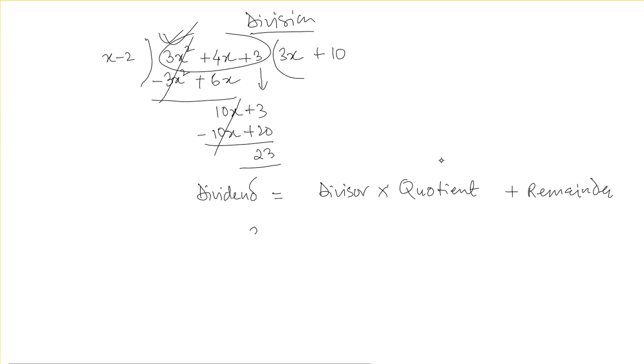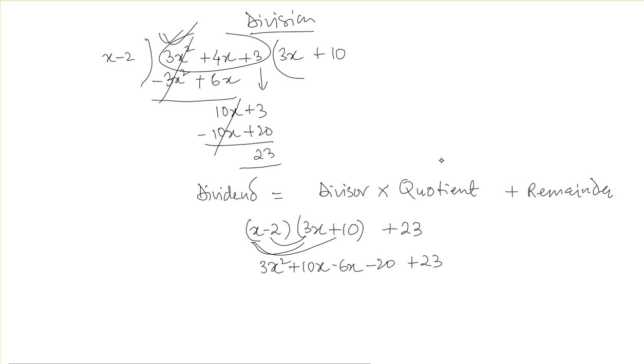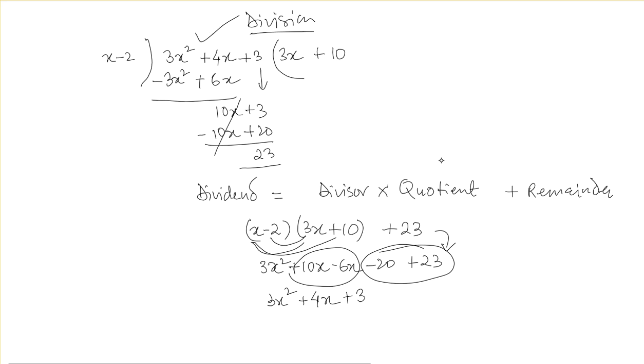So divisor into quotient plus remainder: 3x square plus 10x minus 6x minus 20 plus 23. This is plus 4x, 3x square plus 4x minus 20 plus 23, that is plus 3. So yes, our division is correct.